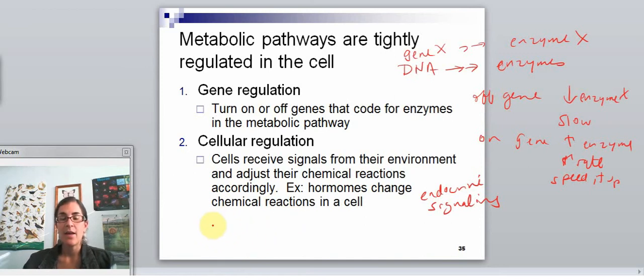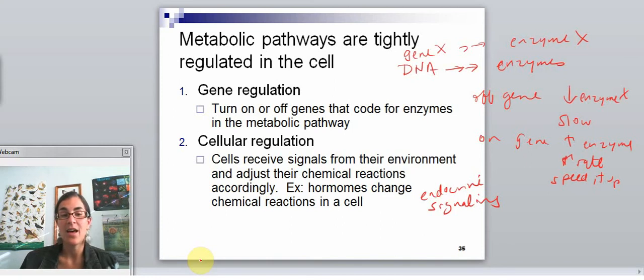A classic example of this is what happens when you get scared. When someone jumps out at you, you have a response in your body that's the release of a hormone. That hormone travels through your body and changes the chemical reactions that are happening.